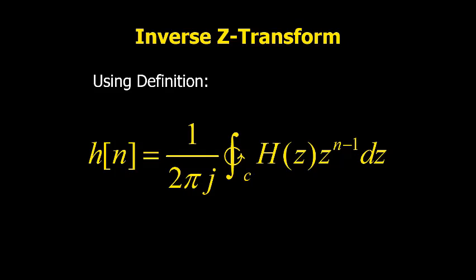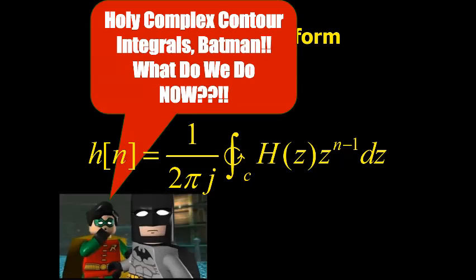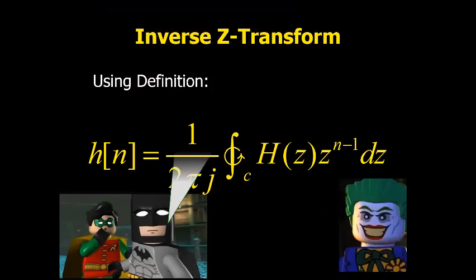That's usually something reserved for the graduate and master's level. And so we really don't have at our disposal the ability to use this definition for our inverse transform. It is a complex contour integral that requires finding residues to complete that integration.